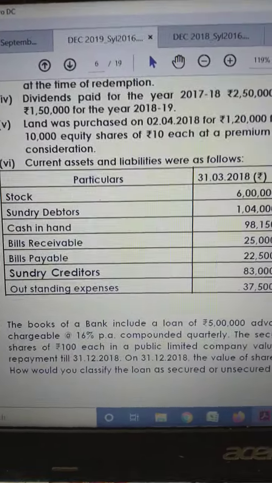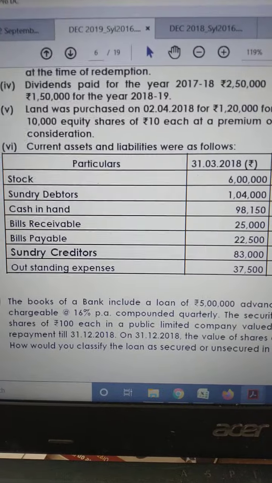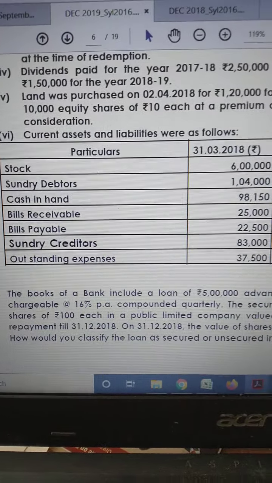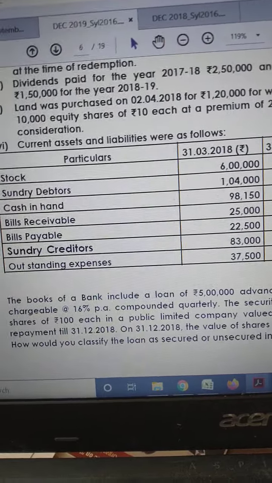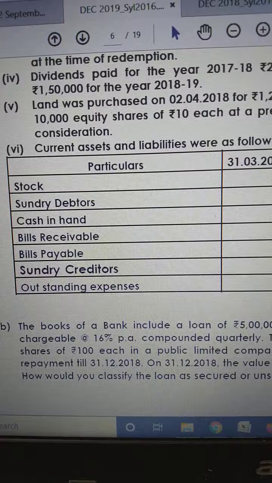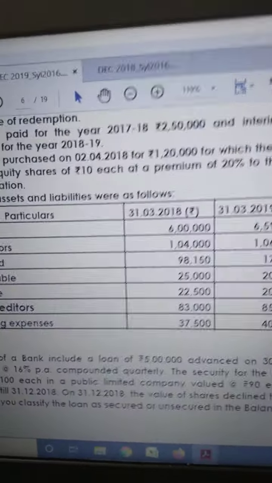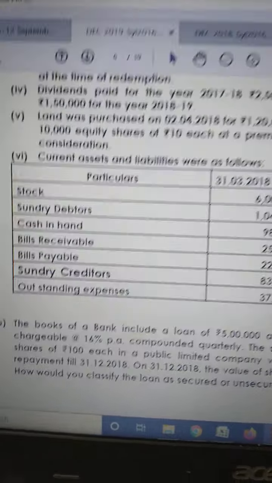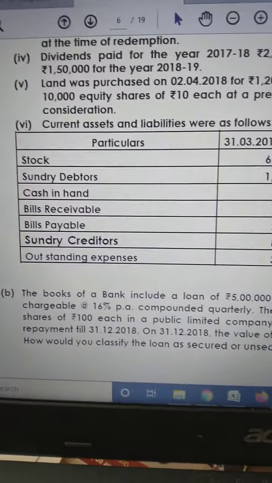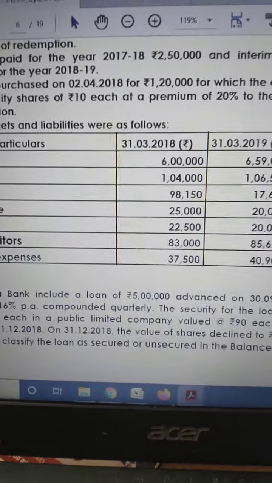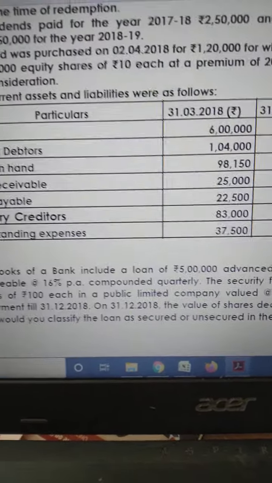Current assets and liabilities. Why are they giving this item? Because as per our format, one of the things is changes in working capital. We have to consider changes in working capital for the purpose of the cash flow statement. So just go through. The next item is current assets and liabilities. This will be useful for working capital changes.